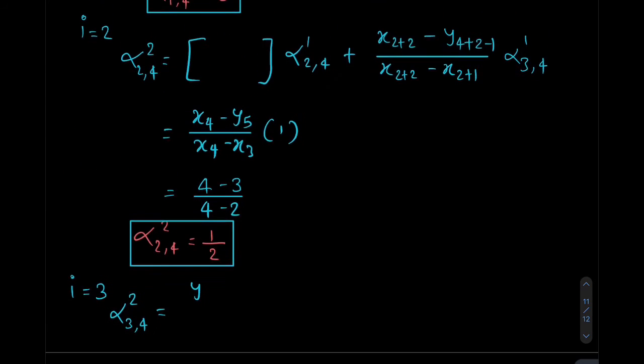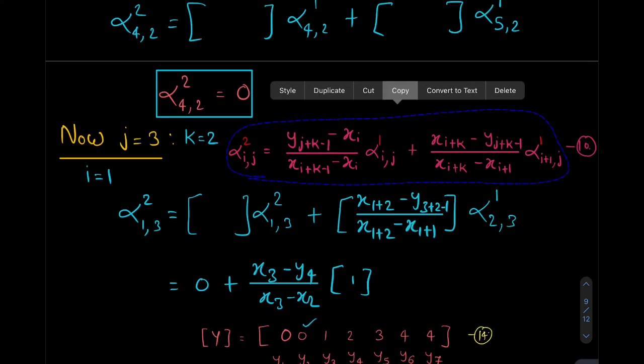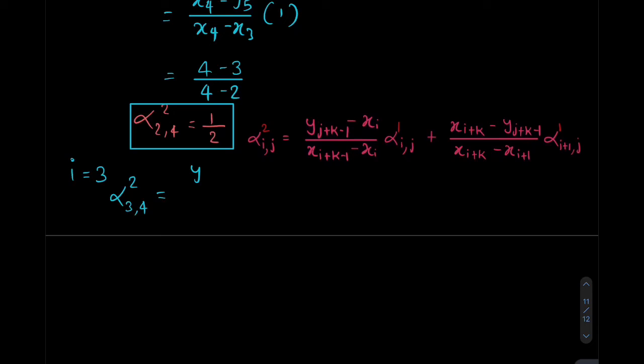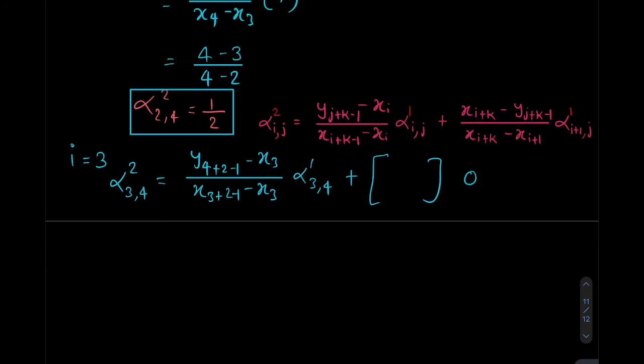Okay, so let us copy this equation, because the first term will be there since alpha 3 comma 4 is unit value. So it is j plus k minus 1. 4 plus 2 minus 1 minus x3 divided by x3 plus 2 minus 1 minus x3, alpha 3 comma 4 1, and plus some bracket we don't care about, and this is 0.